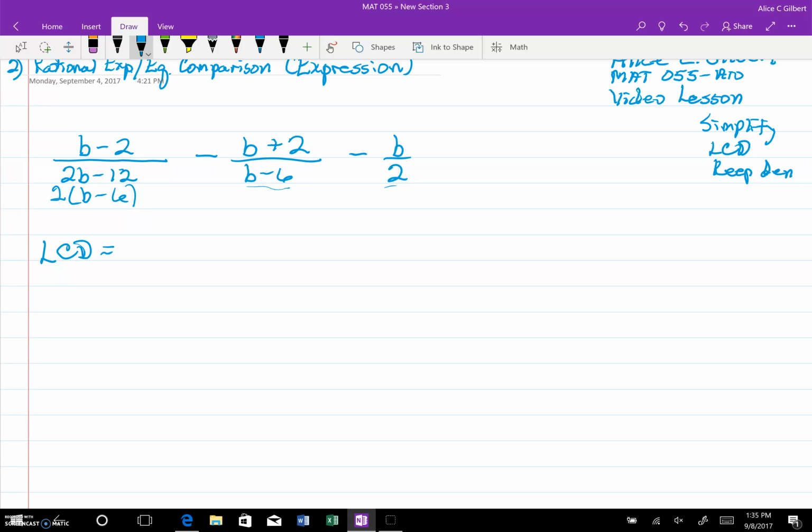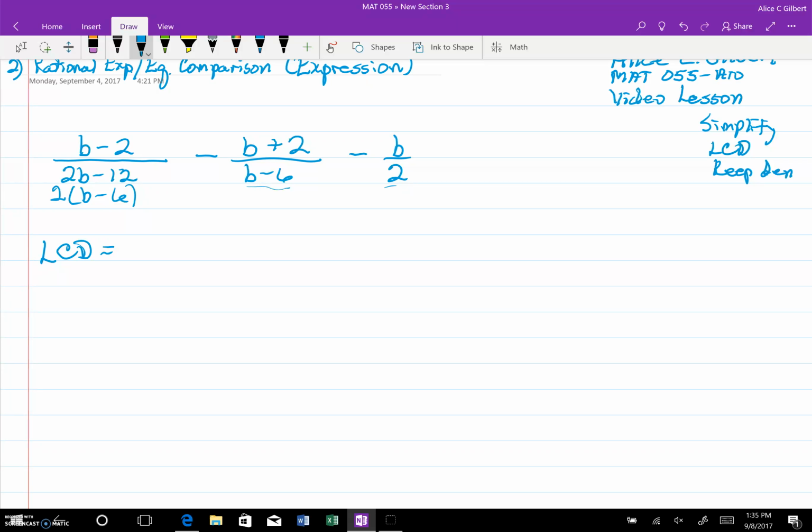But just think about this. If we come out with b equals 6 and we put 6 in for this b, 6 minus 6 equals 0. And we cannot have 0 in the denominator. It makes it undefined. So no matter what, by the time we're done, if we end up with b equals 6, we can't have that, and we need to know that. But for right now, I'm not going to worry about it anymore until I get to the end.